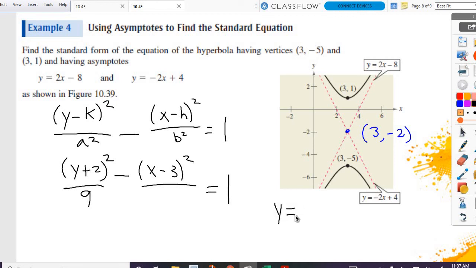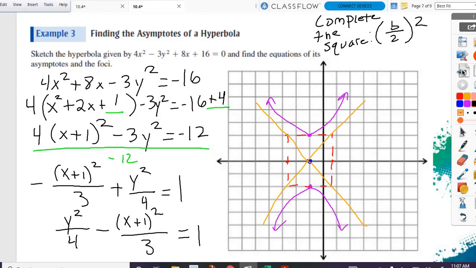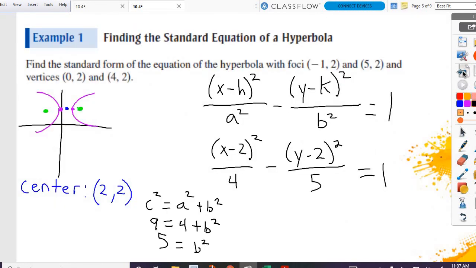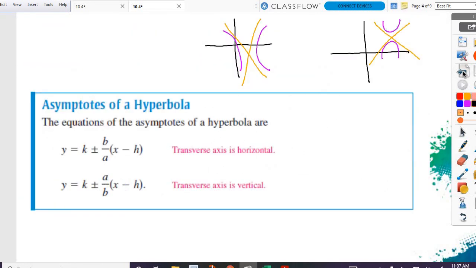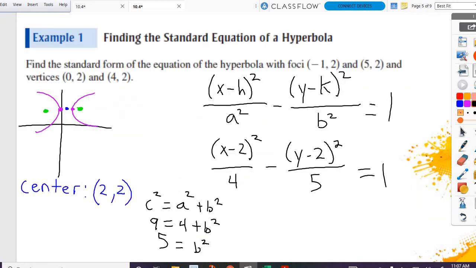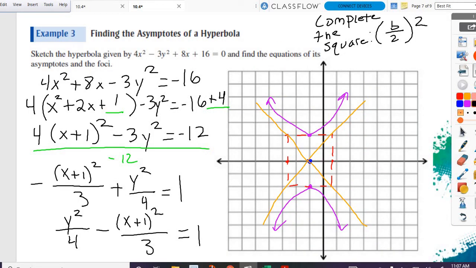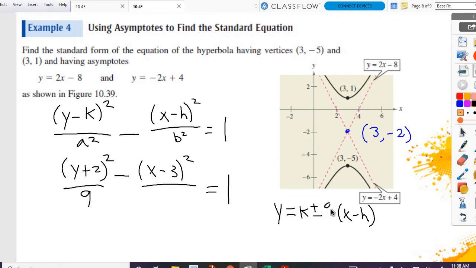Y equals K plus or minus, and then the only difference is which one we need, A over B or B over A. We have a vertical hyperbola, right? So we want the A over B.